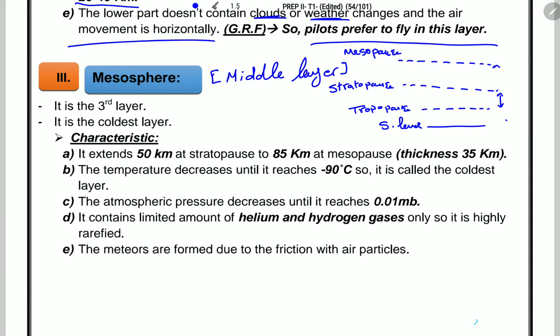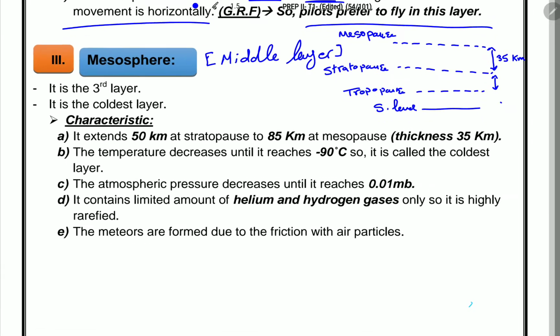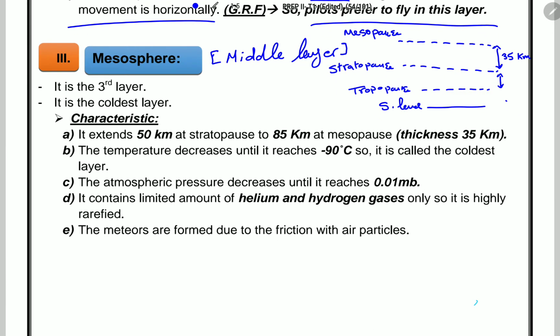That's why we said the mesosphere layer, the coldest layer, extends from the stratopause till the mesopause with a thickness of about 35 kilometers. And it's called the coldest layer as the temperature at its top reaches about negative 90 degrees Celsius.